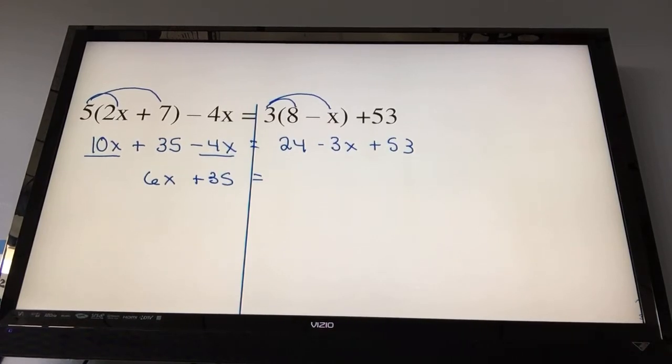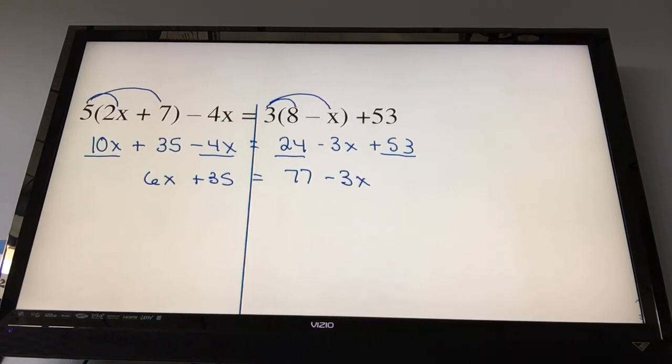I have 3 things there. I can put 2 of them together, the 24 and the 53. So when I add that together, 24 plus 53, I have 77.